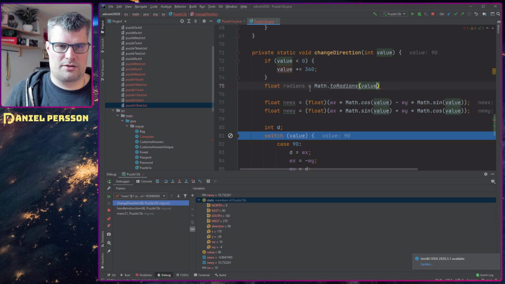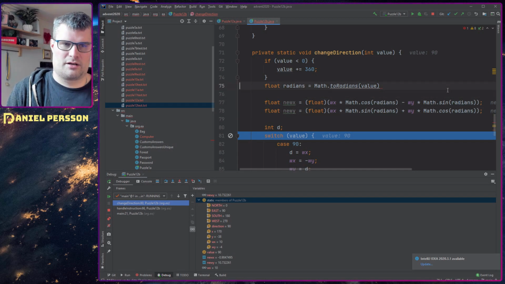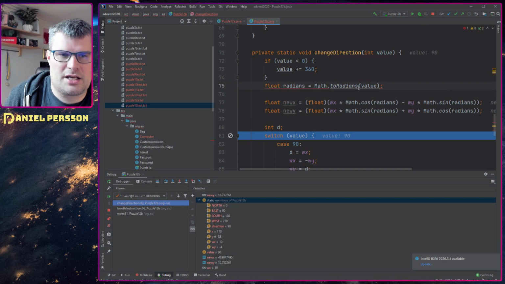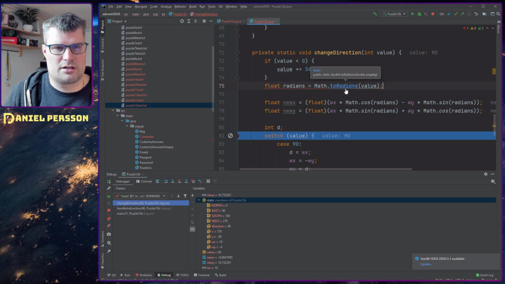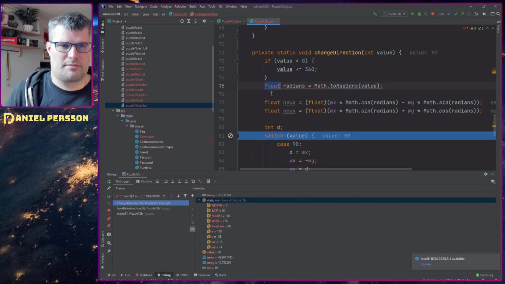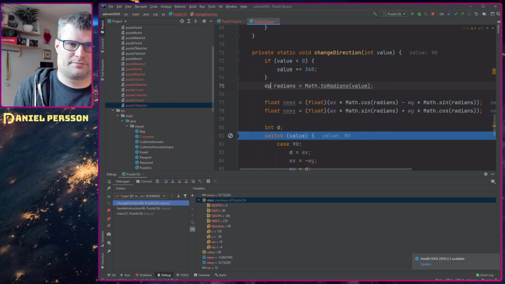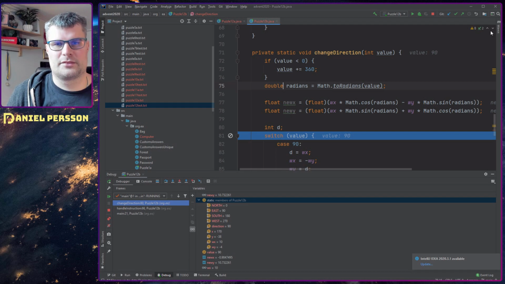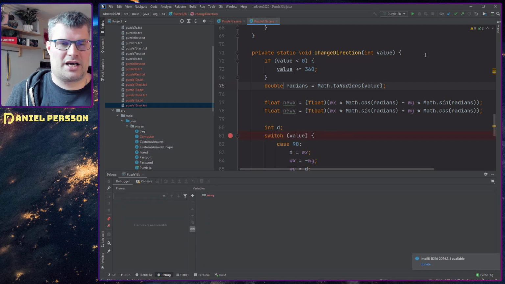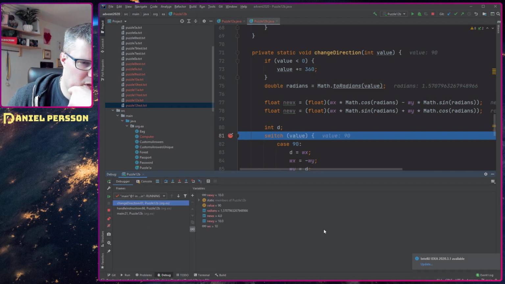That's our value. Then move these over here and see what we get. 2 radians. Double, okay. We can do that. Double. And stop that and see what the new x becomes here.